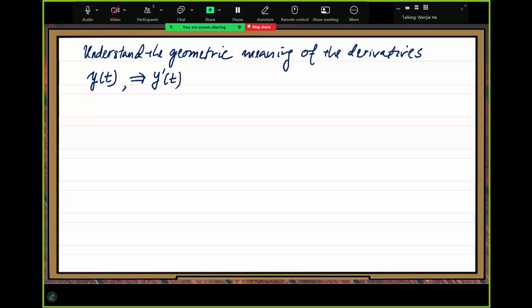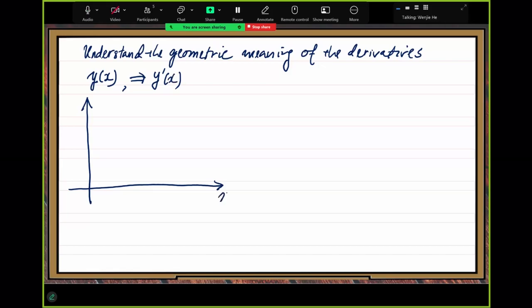What's the meaning of y prime of t when we look at the graph? So let me draw the graph. In our first example, we used t. Here, I would like to consider the general case, x as the variable.